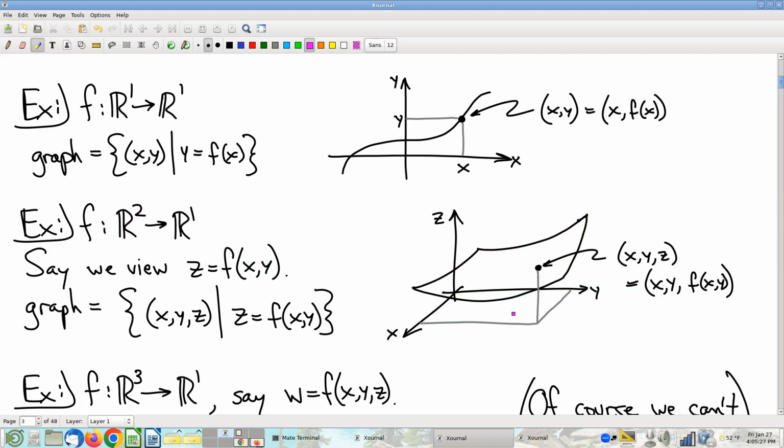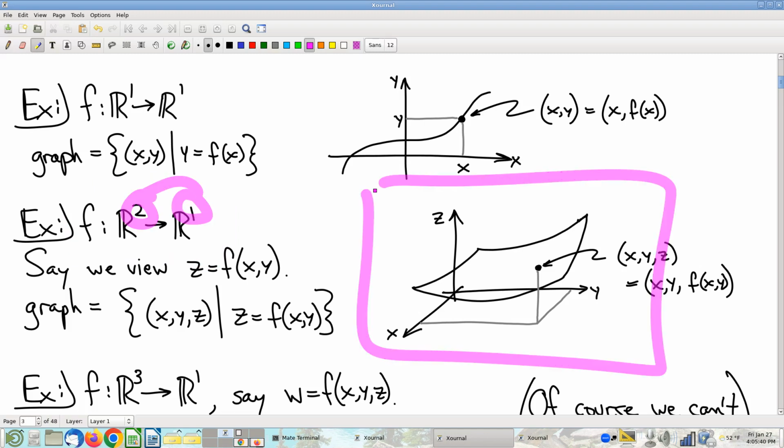So the dimensions are a bit of a thing to keep track of. We have here, for example, a function from R2 to R1, which makes the graph live in three-dimensional space. But because it is a two-dimensional domain, that's why we have a graph which is itself two-dimensional, namely a surface.